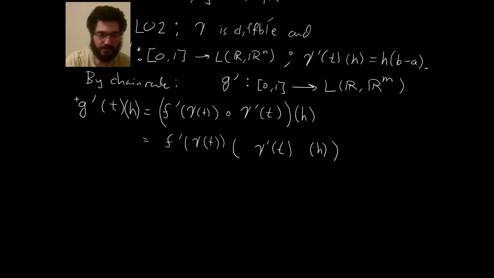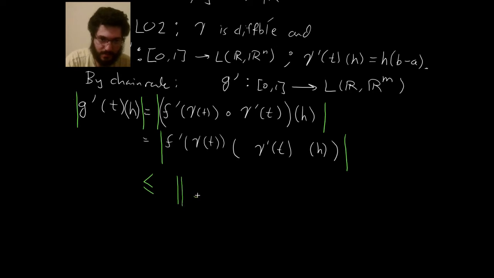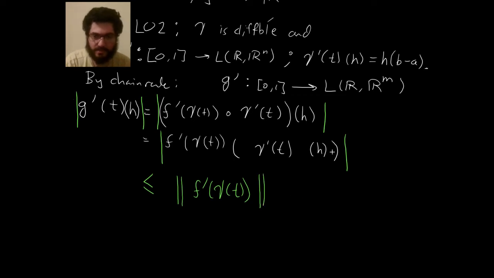So to get that bound into the picture, I need to put norms here. So let me do that. I think things are getting cluttered. Let me just use green. Okay, this is now less than or equal to the norm of this linear map times the norm of the vector that it's getting applied to.